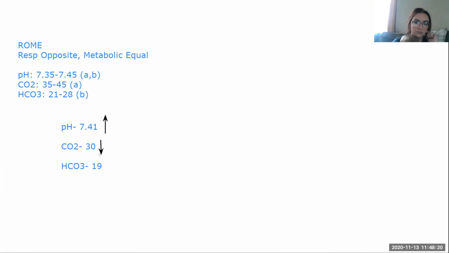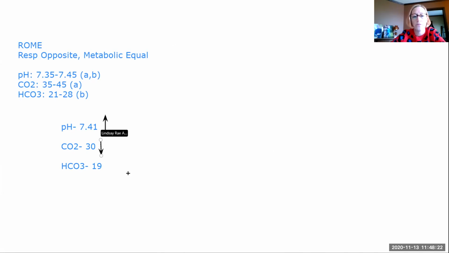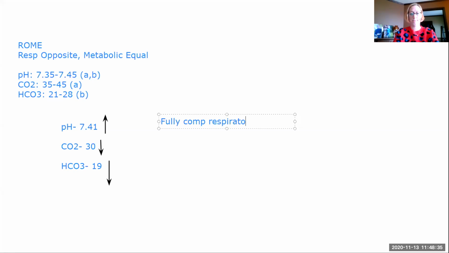Our bicarb, high or low? Low. Right. So you already said it's fully compensated, but fully compensated what? Respiratory alkalosis. Yes. So fully compensated respiratory alkalosis.